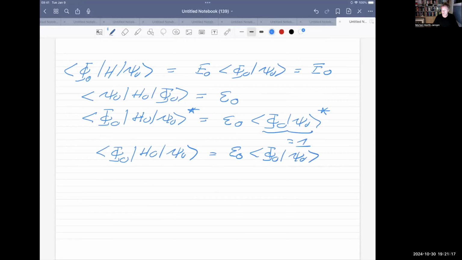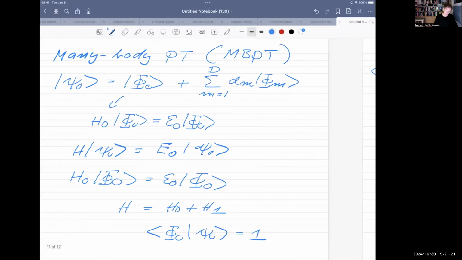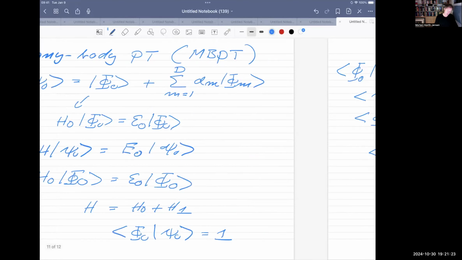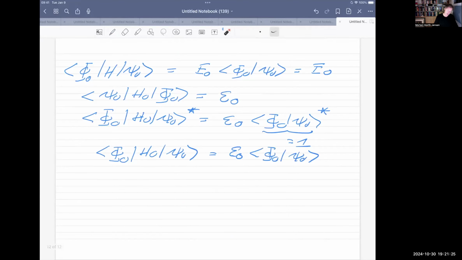And if we now subtract this equation from the equation which we set up, what we get then is an expression for the interacting part of the Hamiltonian.